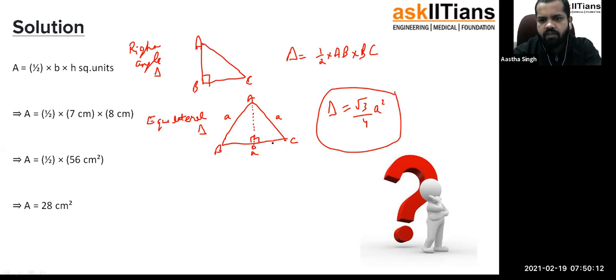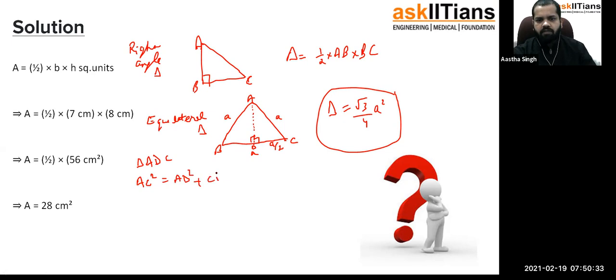Suppose this point is D. Then your DC will be a by 2. So just tell me what this perpendicular will be. In triangle ADC, AC square is equal to AD square plus CD square. Your AC square will be equal to a square. Your AD square is not known, which you have to find, which is basically your height, plus CD square.